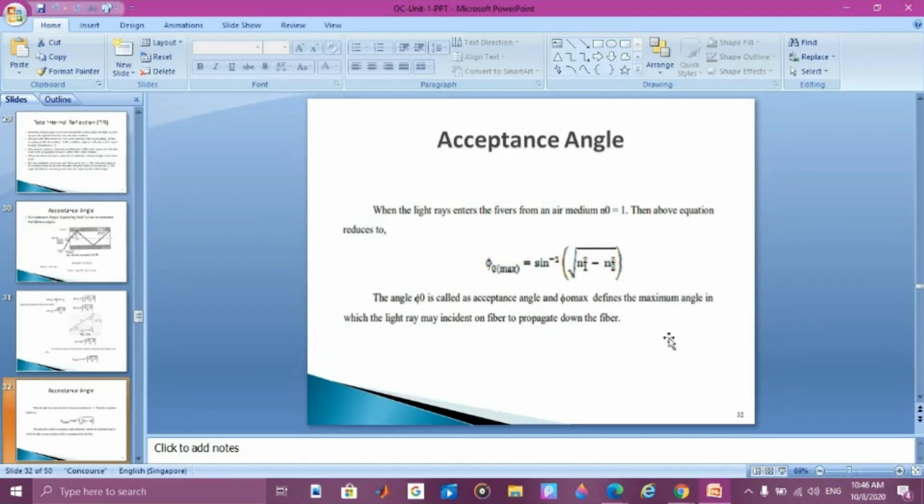That maximum angle is what we call theta naught maximum, the maximum acceptance angle. So this is the final equation of the maximum acceptance angle, equal to sin inverse of root of n1 square minus n2 square.